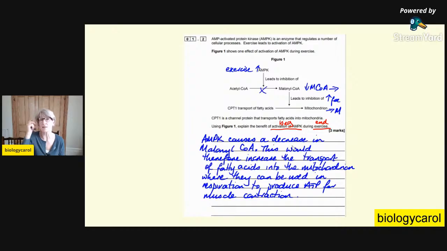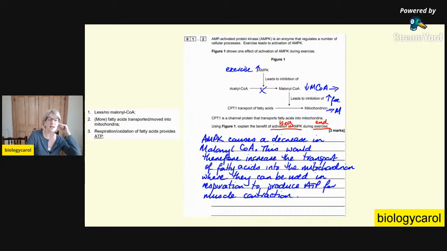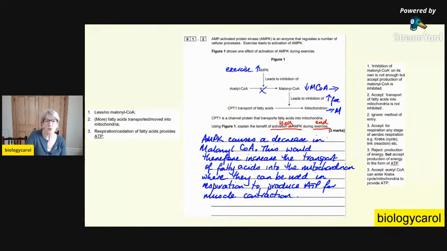So notice the pattern of my answer. Increase the transport of fatty acids into the mitochondria where they can be used in respiration to produce ATP for muscle contraction, which is exercise. Hopefully that makes sense. And as a result, I think I got the 3 marks.